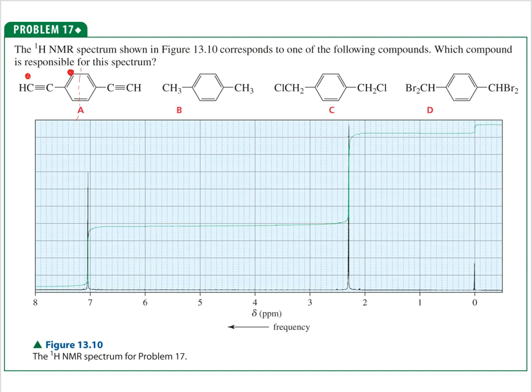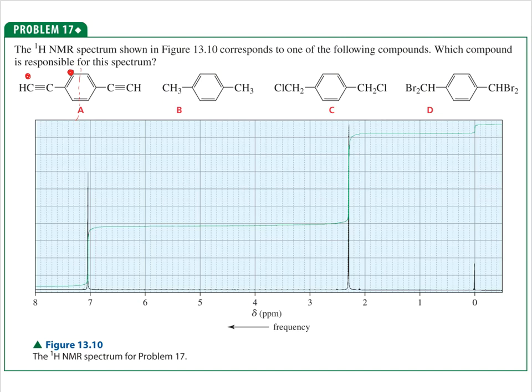But the next location is the same as the first one. We really do not have OMP here because it is a symmetrical molecule. So if I put a bromine here that is ortho to that C triple bond CH, and then if I put the bromine there, that is still ortho to that carbon triple bond CH. So it would actually be the same equivalent position as far as the benzene ring is going to go.